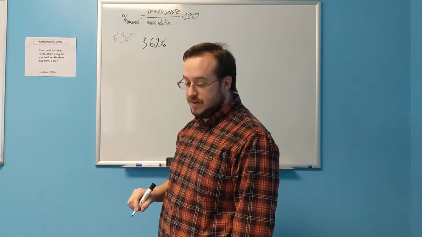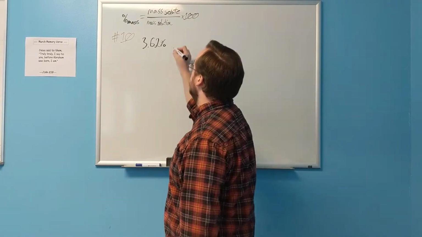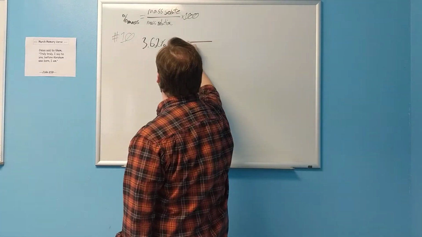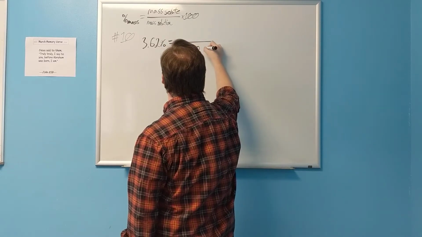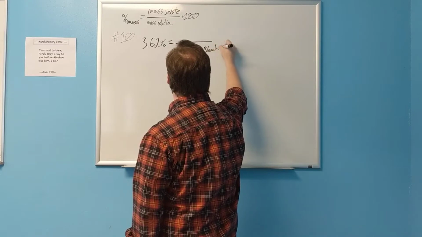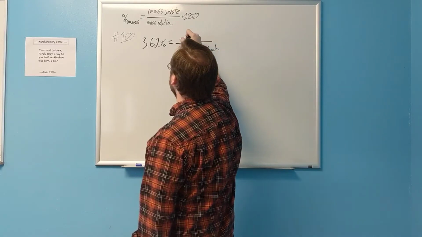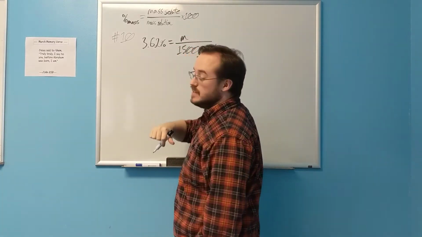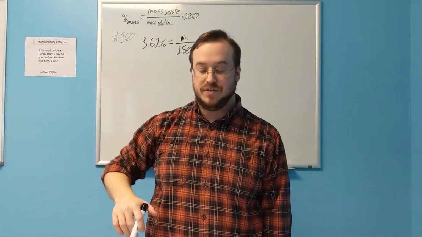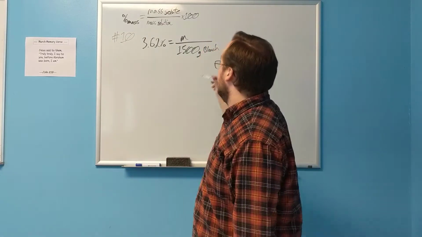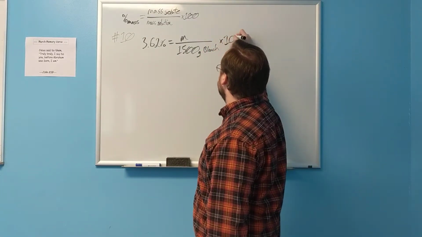And then they tell us that there's 1500 grams of the total solution. And we are looking for the mass of the solute. I'm just going to use a lowercase m for mass here because it's the only mass we need to worry about. And of course, times 100.